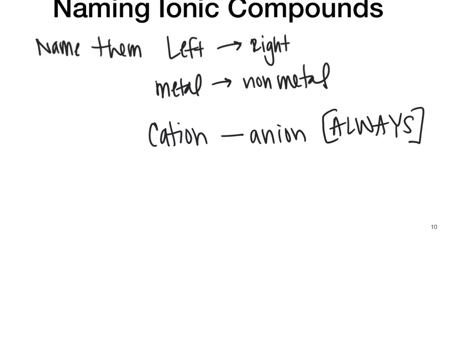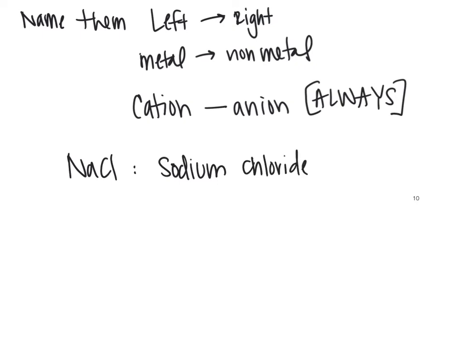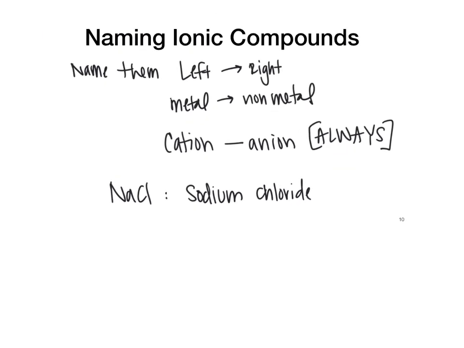So when we think about naming ionic compounds, if we think about some of the ones we encountered on the last slide, we have NaCl. So we would name that sodium chloride. And so we're going to encounter them in this way. So when we have single elements, we look at them this way.